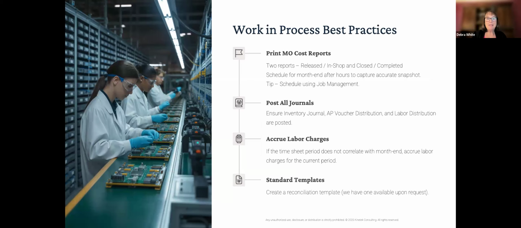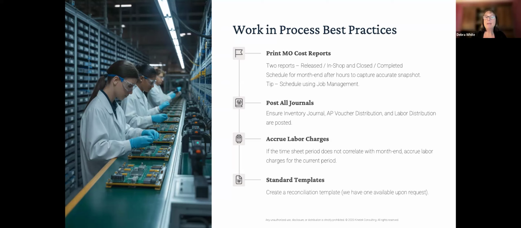So work in process best practices, again, very similar to the raw material and finished goods best practices. First one, your MO cost report. Now, the MO cost report's tricky because everything in inventory is very fluid and manufacturing is fluid. It doesn't care about accounting month-end periods.